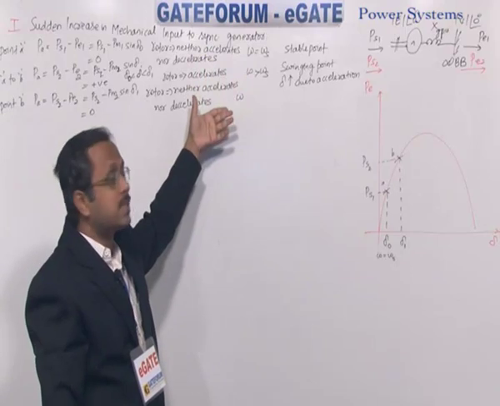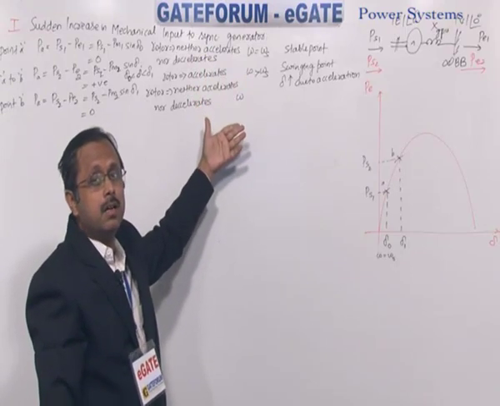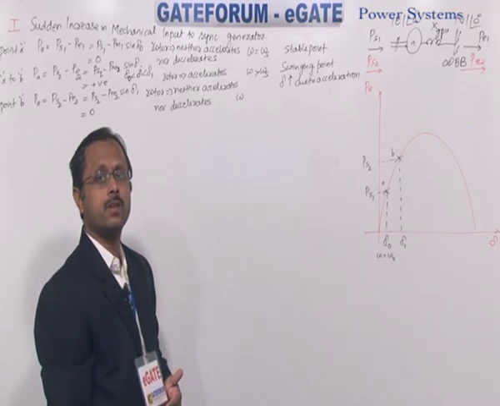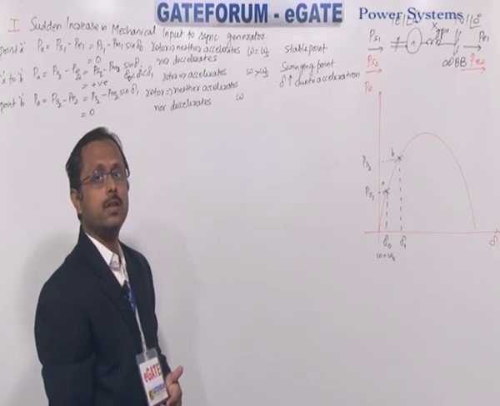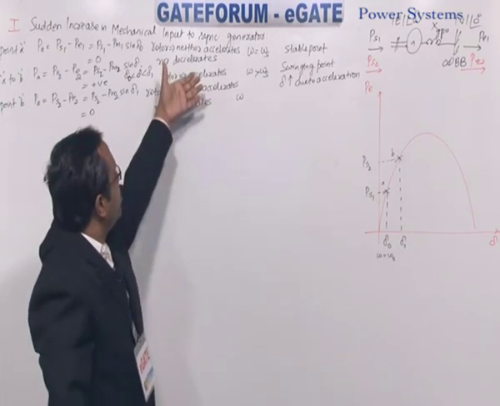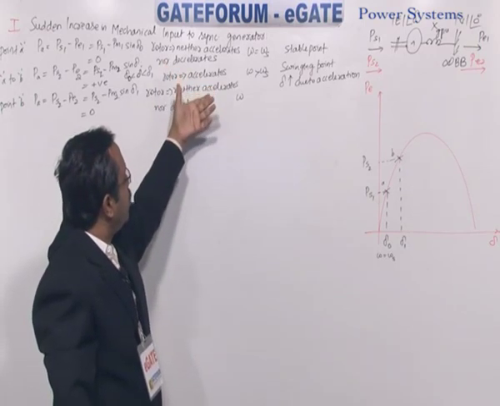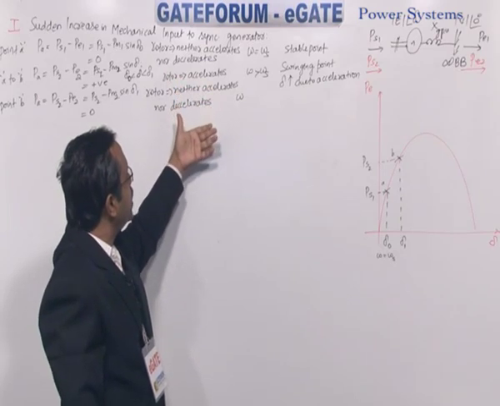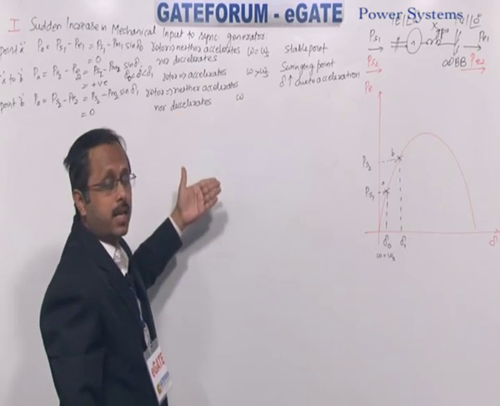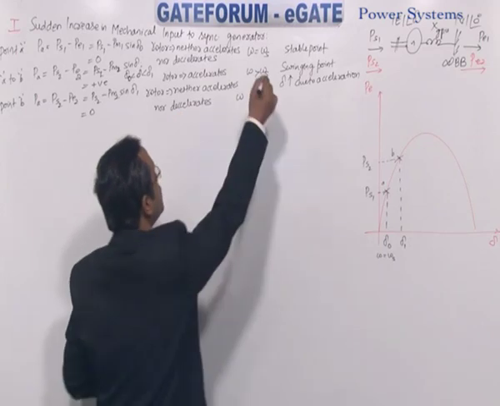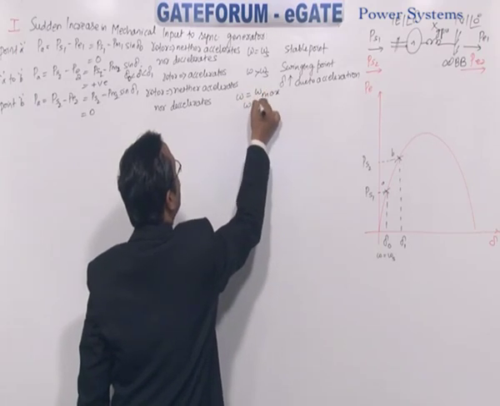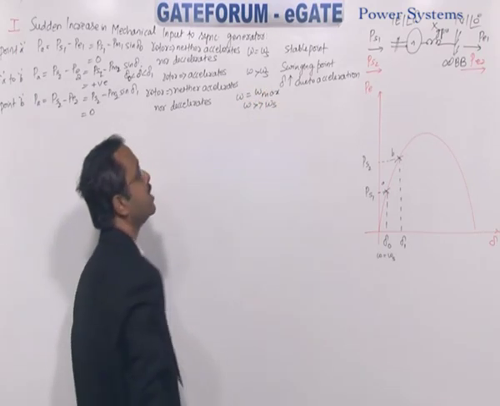Now rotor neither accelerates nor decelerates. What about omega? Equal to omega maximum. Now the rotor stopped accelerating, which is when the maximum speed is obtained.